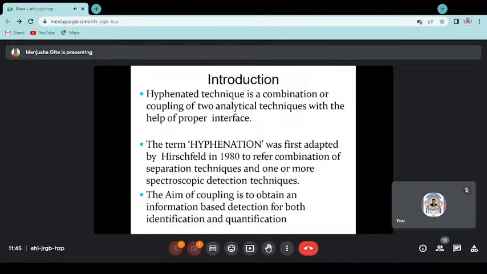So these hyphenated techniques are mainly introduced for identification and quantification purposes.